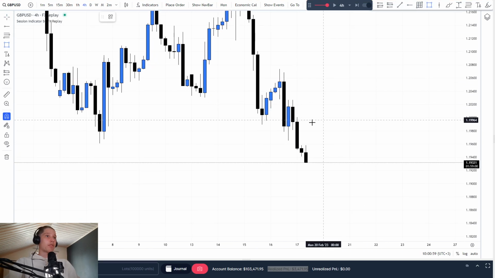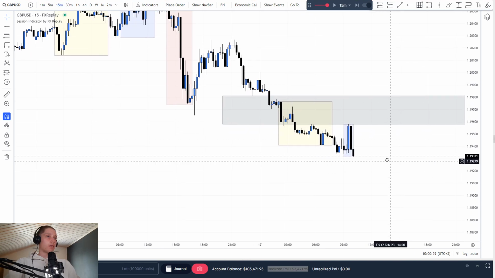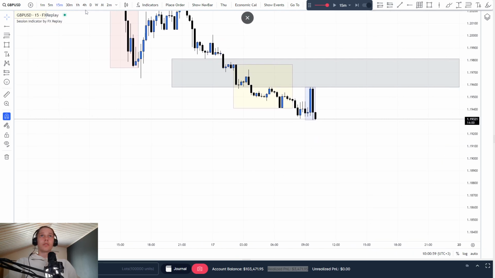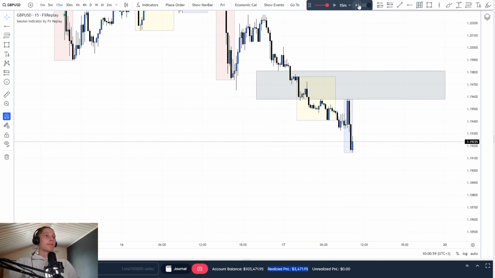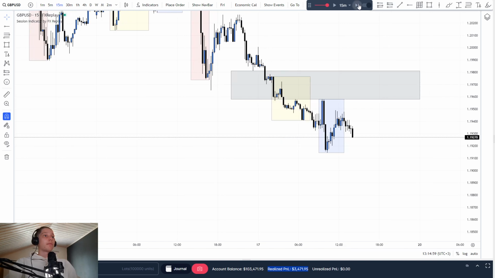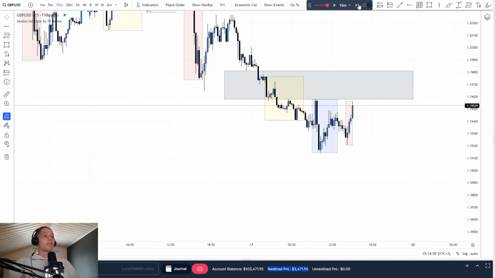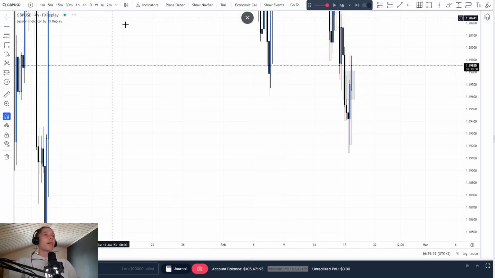Looking at the gaps. This one. Could we trade back into that, please? Actually, yeah. Exactly. Okay, we explode kind of through that.